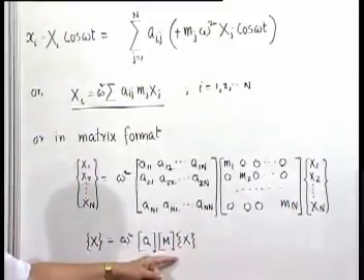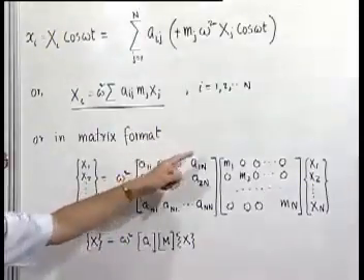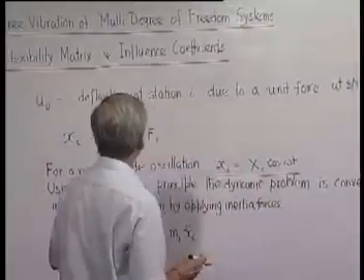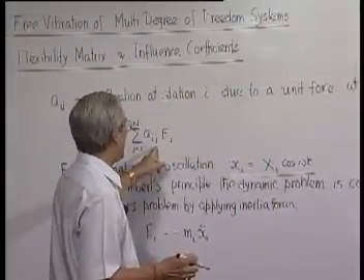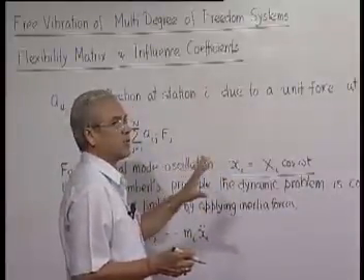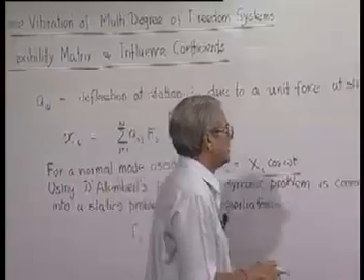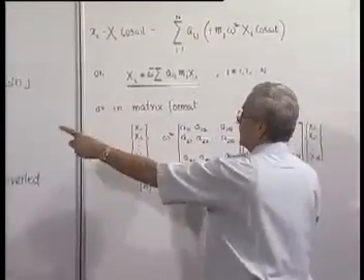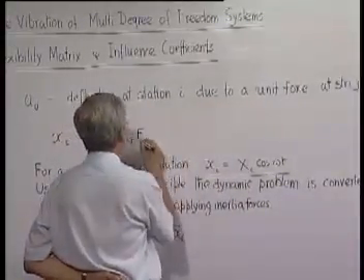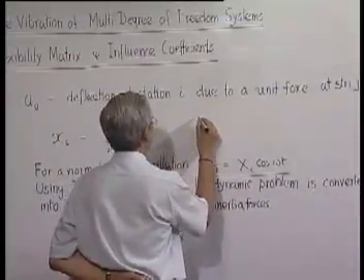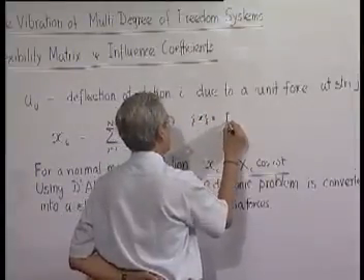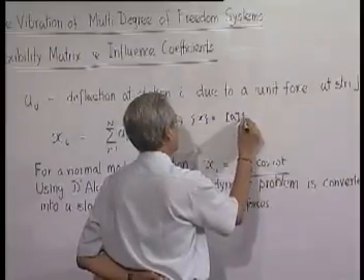Now this we call the flexibility matrix, because Aij represents the deflection per unit load at another station. So it is nothing but a measure of flexibility, which is just the opposite of stiffness. Because we can very easily find that according to this definition, x is equal to this, and therefore x will be the flexibility into force.